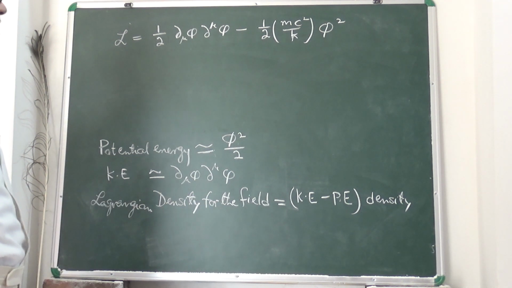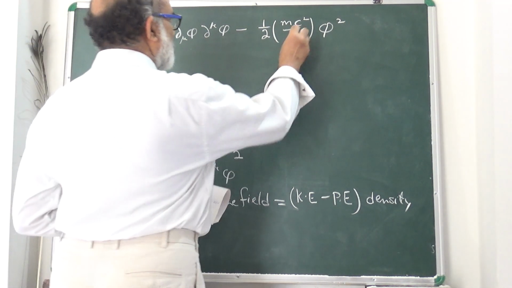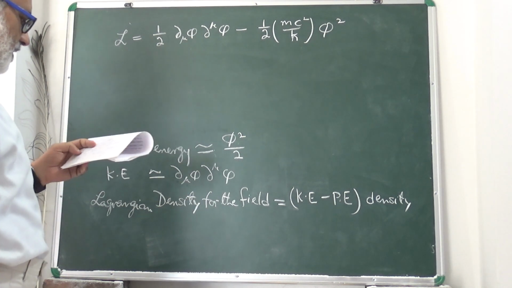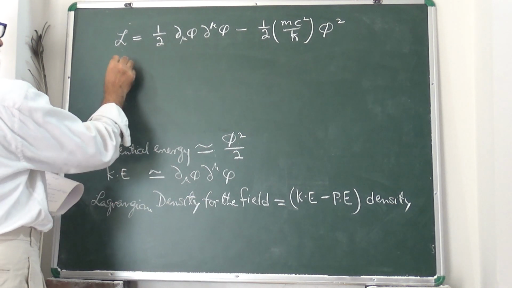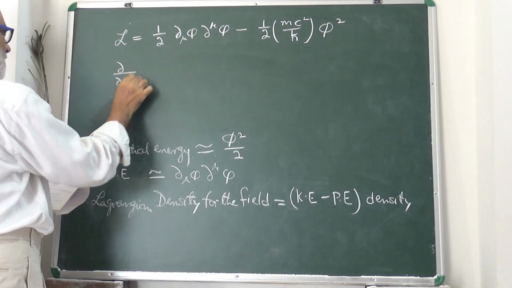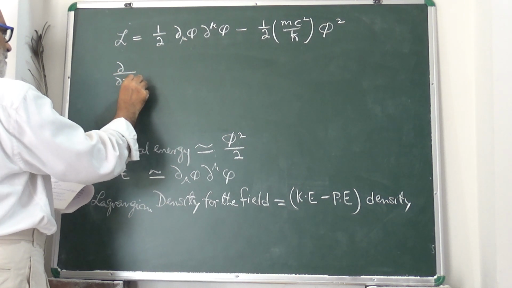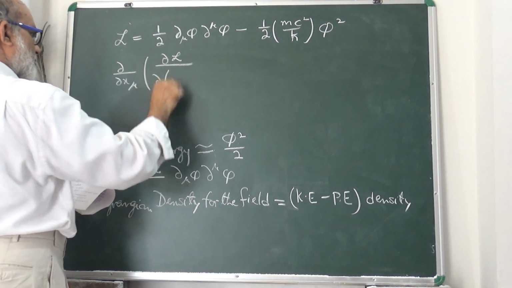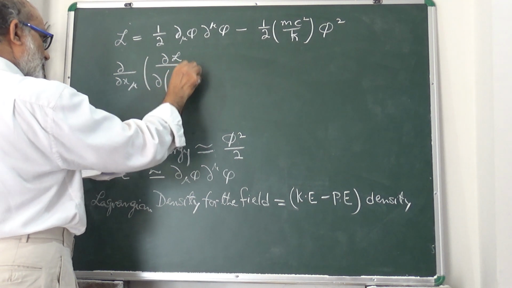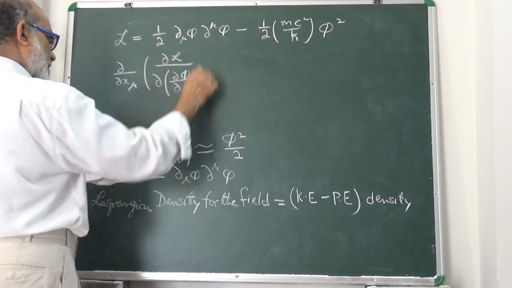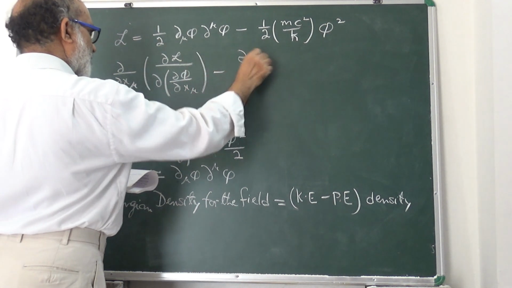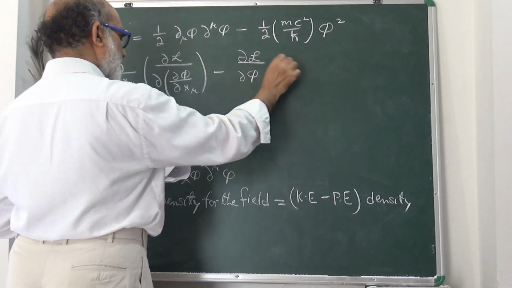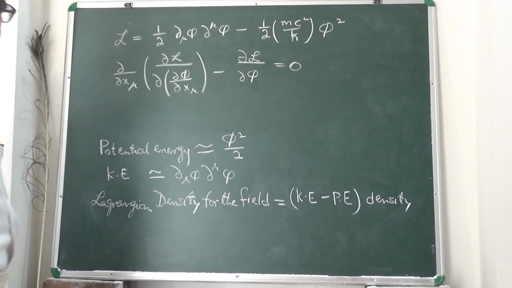Now we have already studied the Euler-Lagrange equation for the field, which was del by del x mu of del L by del of del mu phi, minus del L by del phi equals zero.